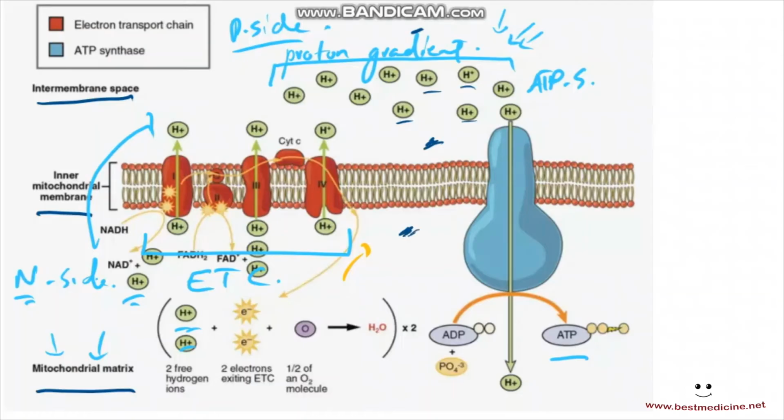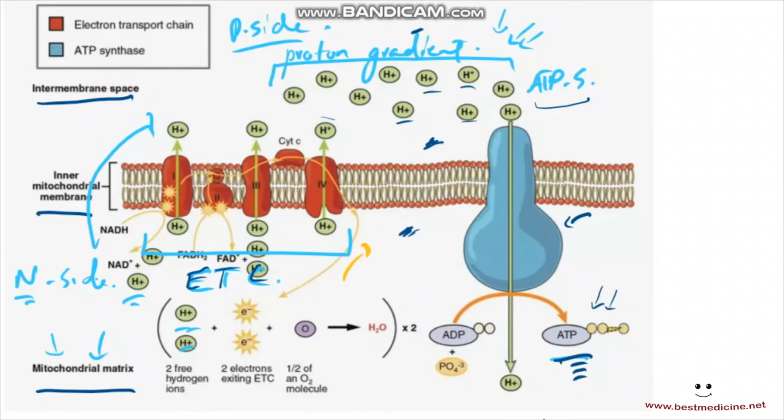And as these protons flow back into the mitochondrial matrix, they drive this ATP synthase to produce more and more ATP. So this proton gradient that was established by the electron transport chain is used to drive the ATP synthase to produce more and more ATP.